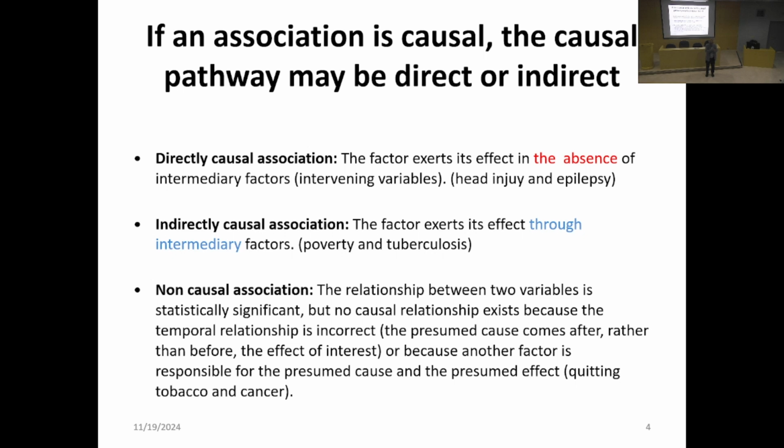And malnutrition and reduction of immune system can lead to overt TB, because a lot of people have asymptomatic TB, which is a skin test positive without clinical disease because their immune system is strong. Those who face poverty have a low immune system, so they will have the disease, the full-blown tuberculosis, the disease with all the symptoms, the severe form of the disease. You understand? So the factor can exert its effect through intermediate factors.